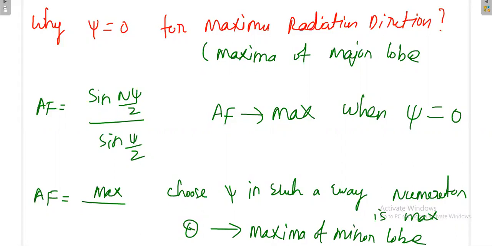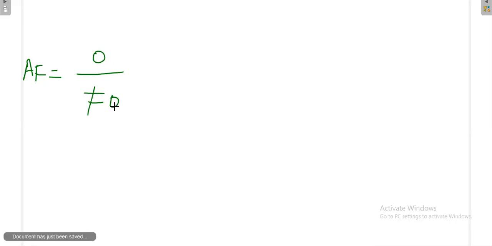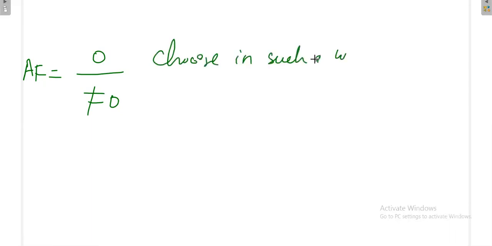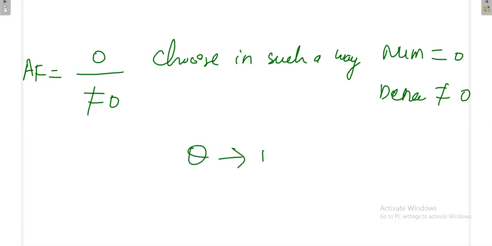So if you want nulls, you choose psi in such a way that your numerator is 0 but the denominator is not 0. Then very clearly 0 by something is 0. That theta gives the direction of nulls. Now you will get some angle, that is the direction of nulls.